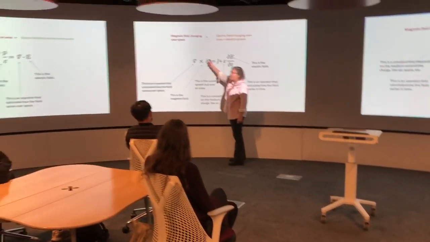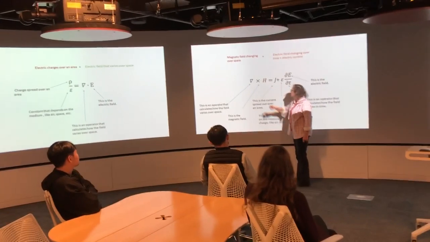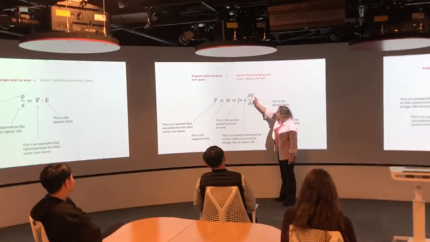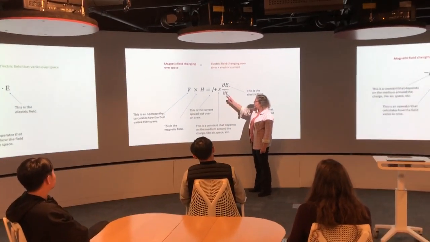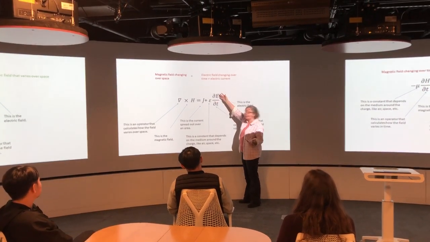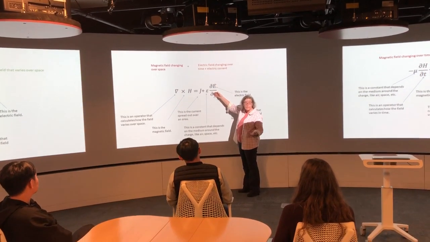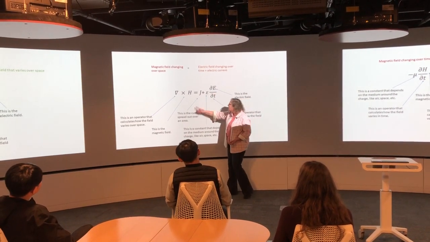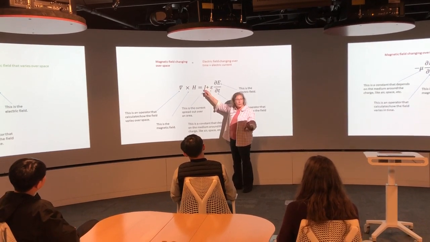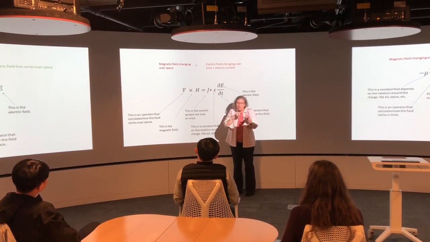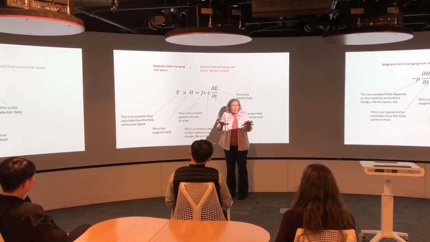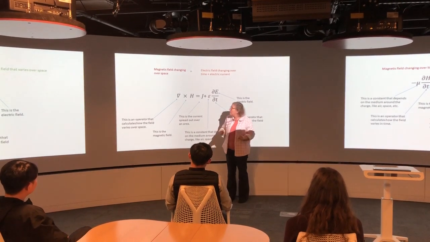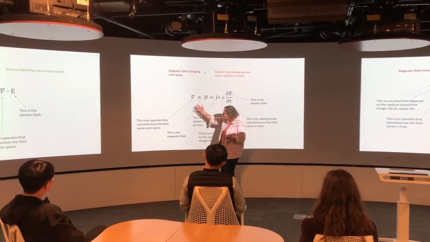There's a magnetic field and there's an electric field. Time, so we're assuming that these things might change in time. There's a current, J stands for a current, but not a linear current on a wire, current spread out over a surface. And then there are a couple of operators.